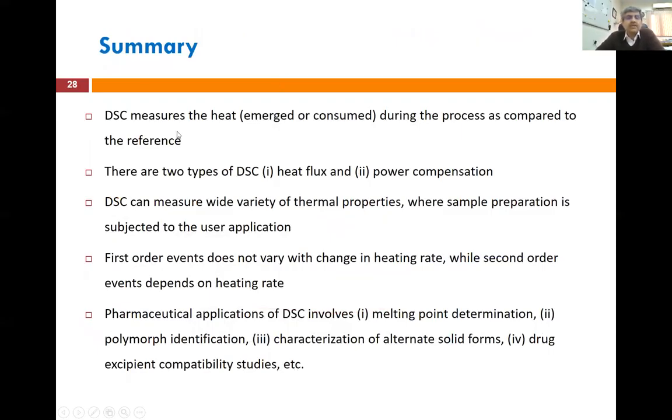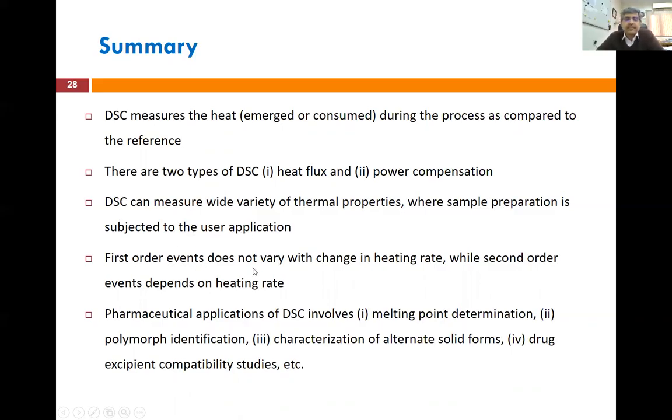Summarizing what we learned during this entire lecture, DSC measures the heat emerging out of a sample or consumed by a sample during the process as compared to the reference cell. There are two types of DSC instruments, heat flux and power compensated. DSC can measure a wide variety of thermal properties where sample preparation is subjected to the user application.